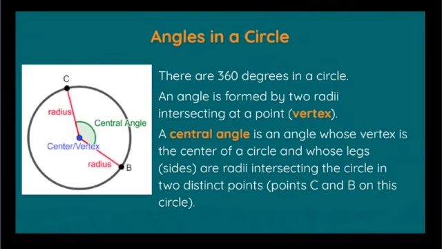An angle inside the circle is formed by two radii, two radiuses, intersecting at a point or a vertex, as we just mentioned. And when we create an angle using the center point in a circle, we would call that a central angle. So that's when the vertex of the angle is also the center point of the circle.